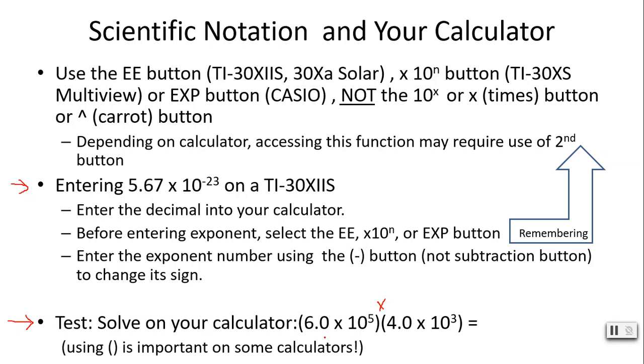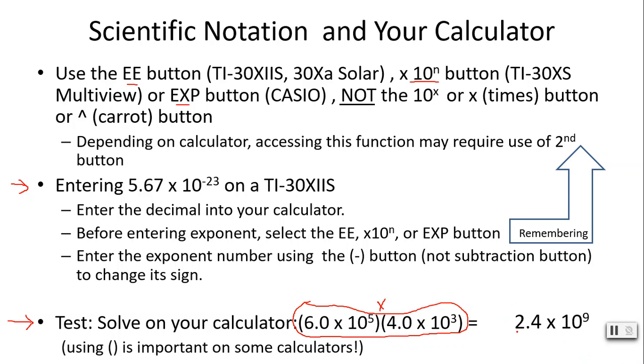But what I want you to do right now is get out your scientific calculator, if you don't have it out already, find your EE, times 10 to the n, or your EXP button, enter in this calculation on your calculator and make sure you get the correct answer, which is 2.4 times 10 to the 9.